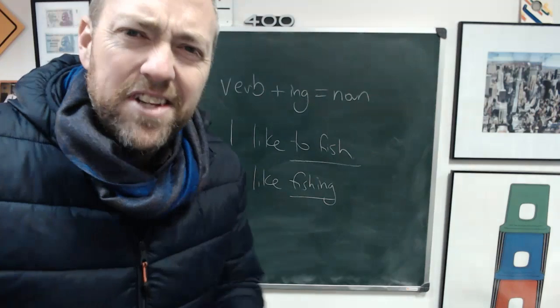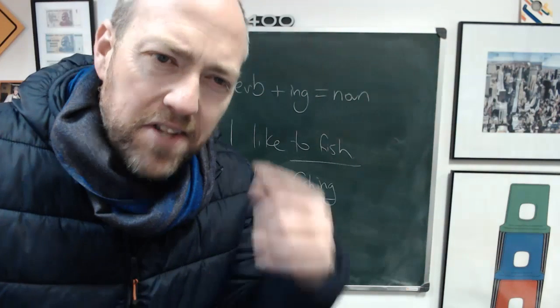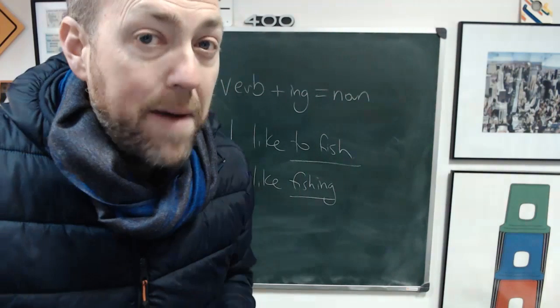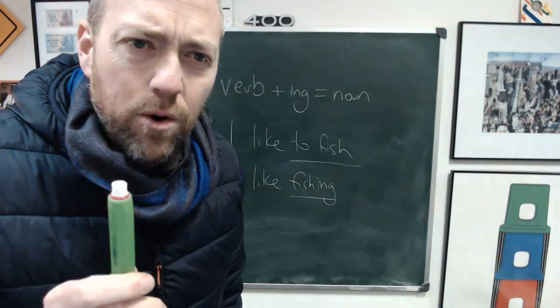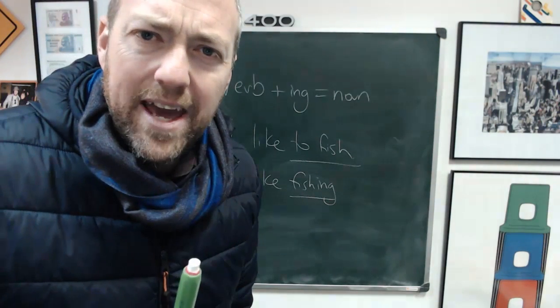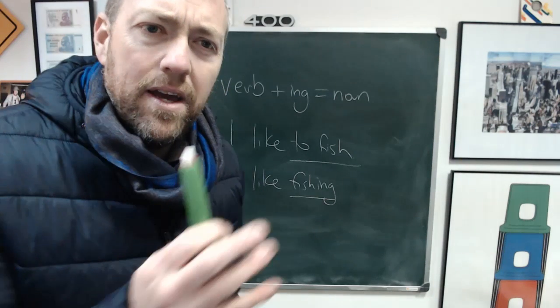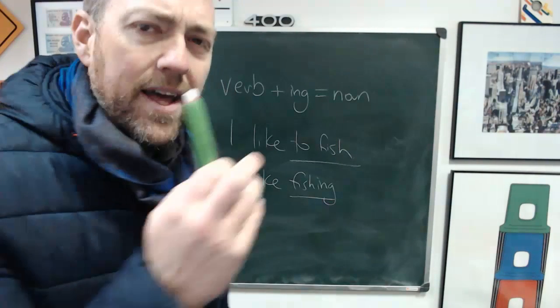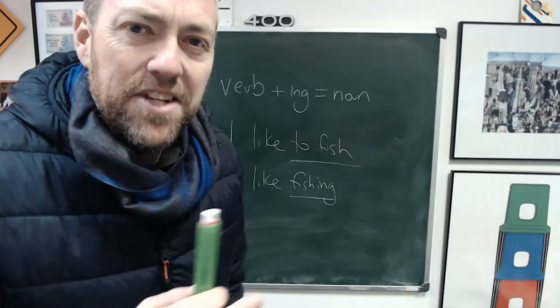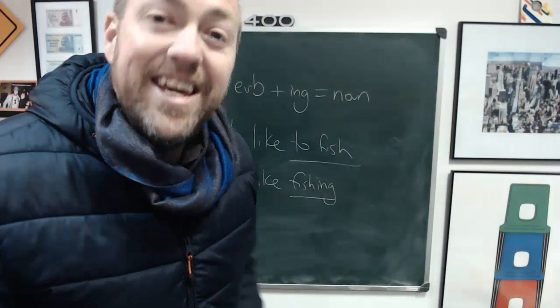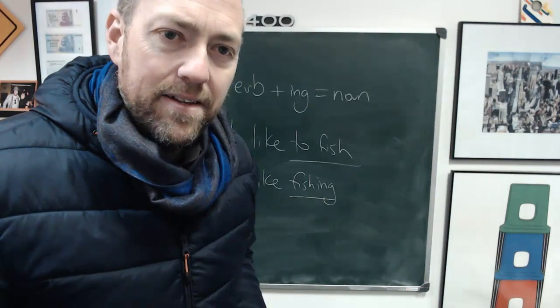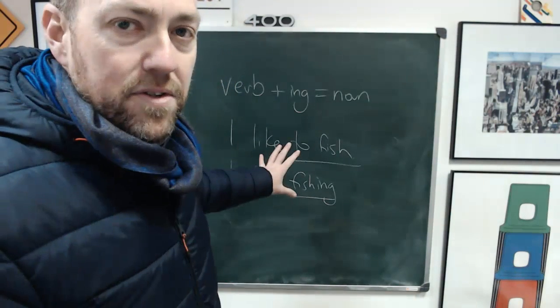But it's a little bit different psychologically and grammatically. It's different because fishing now is not a verb, okay? It's not describing a process or an action. It is the name of something you do. Because remember, a noun is basically a name for something. So it's a little bit different.